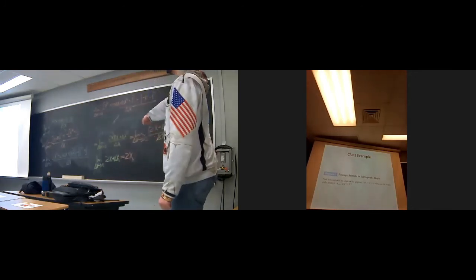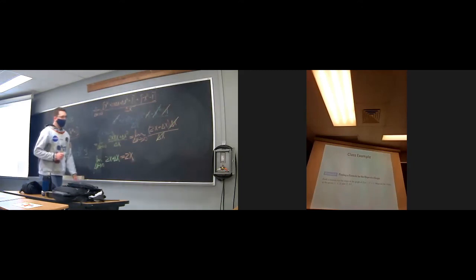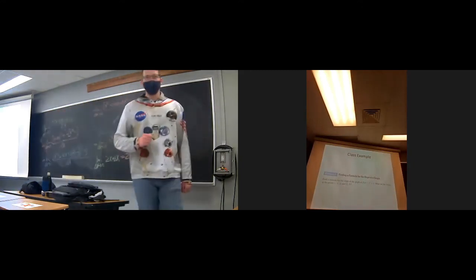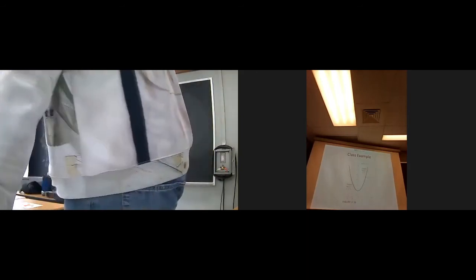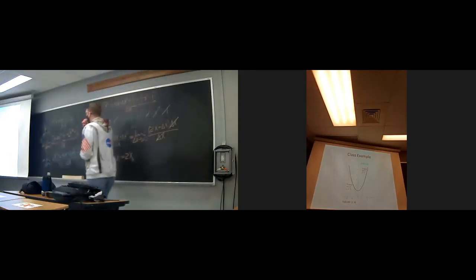All right, so we've got this 2x. We've only done half the problem though, right? Now we have to plug in -1, and we have to plug in 2. Looking at this, we've got the tangent lines at these 2 points. Again, check it out.